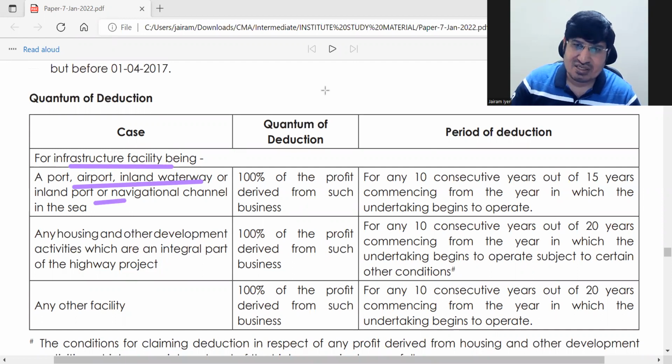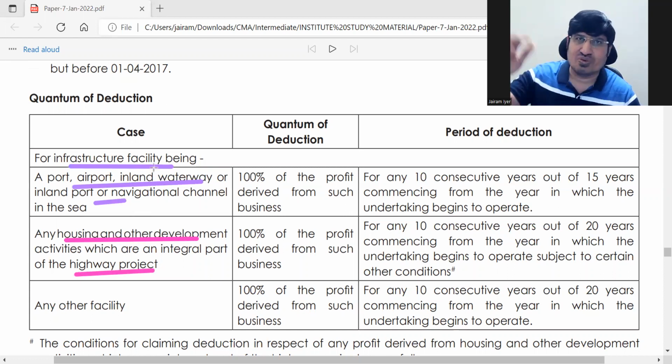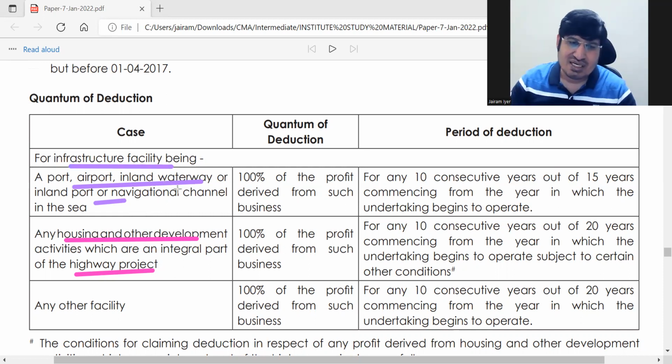And then the second is your highway project, housing plus highway project. And third is anything other than these two. So the other two categories will come in the last one. So the last one is any other facility.